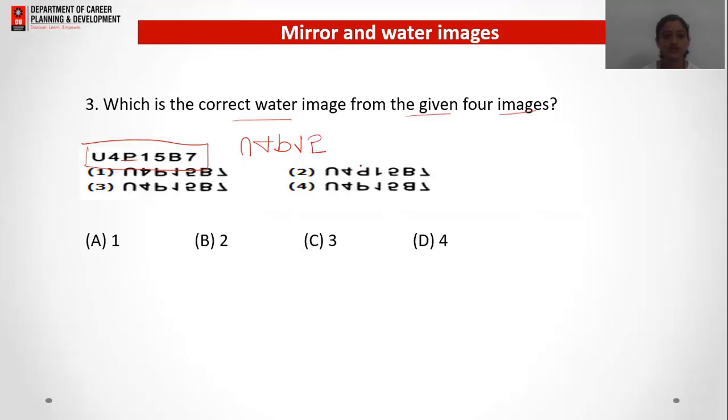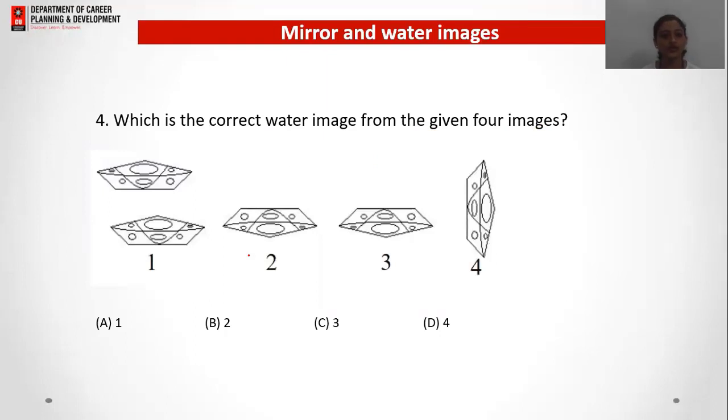And the water image of the letter B is this, and the water image of the digit 7 will be like this. So this is given in the option third. It means C will be the correct water image for the given image. Option C will be the correct answer. Now move on the next one, fourth one.